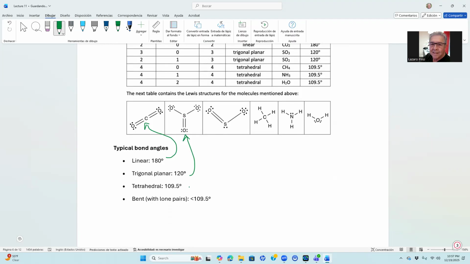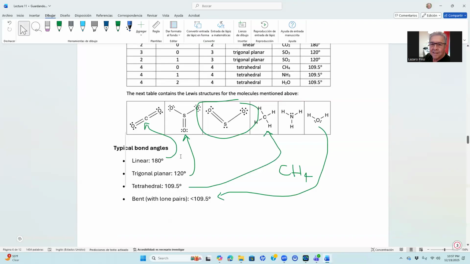In the case of CH4 it is tetrahedral, but in the case of water it is bent. Okay? And it is also bent for this compound. Here is also bent, as you can see. All right.